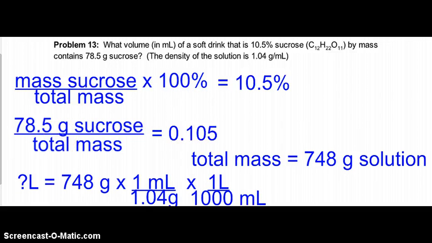So we have 748 grams. I factor labeled using density, put the 1.04 grams in the bottom. That way the grams are going to cancel. So grams canceled out, but I now have milliliters on top. I don't want milliliters anymore. I want liters. So now I have the liters on top, and I do the math, and I get 0.719 liters.